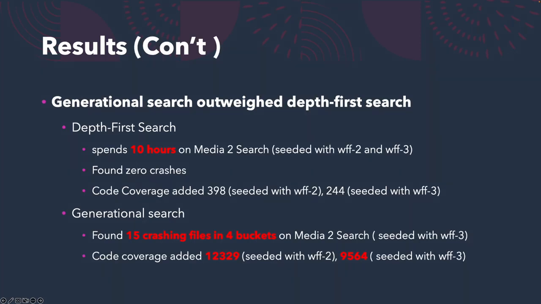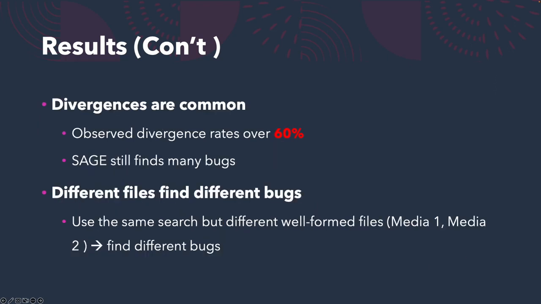The main reason why generational search outperforms depth-first search is that many search algorithms follow the same way of test case generation, which neglects the symbolic execution time cost. Therefore, under the same time constraint, the generational search can have more code coverage and spend less time on the search.